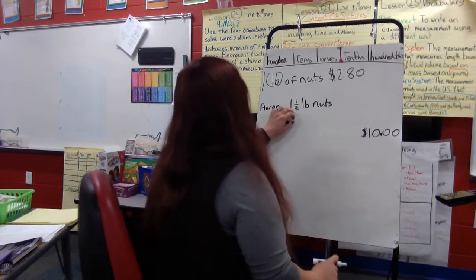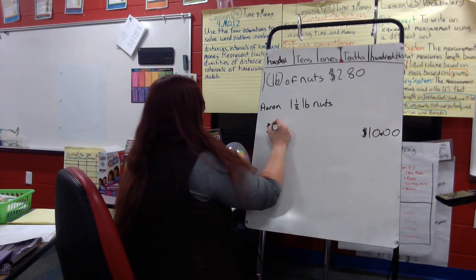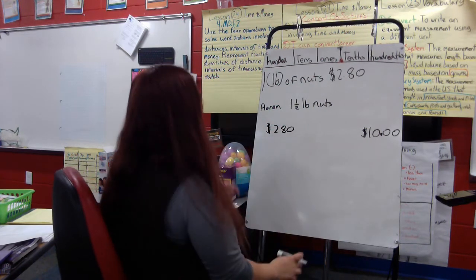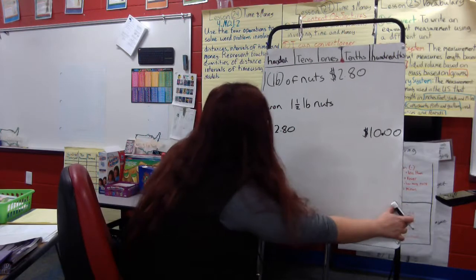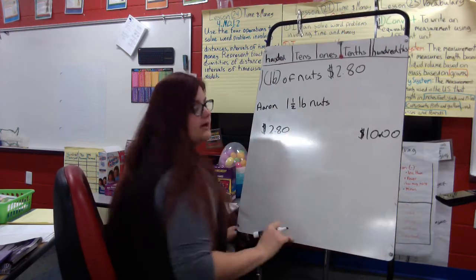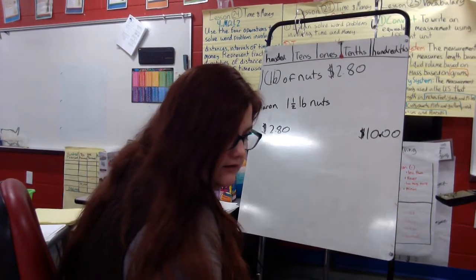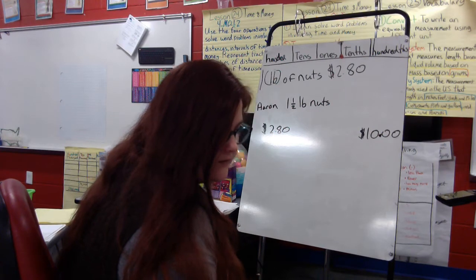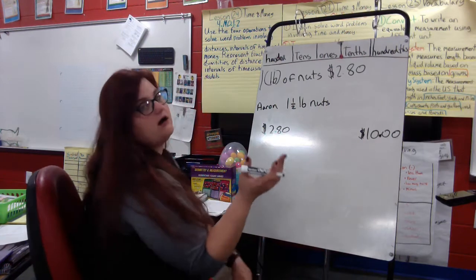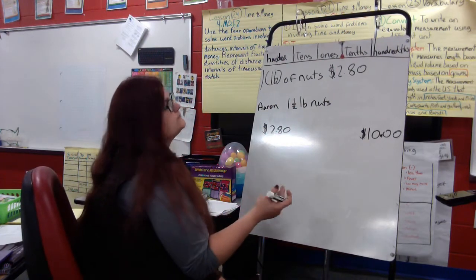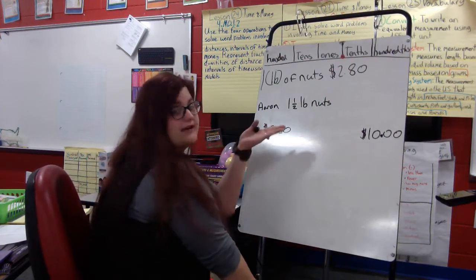Well, how much does 1.5 pounds of nuts cost? Well, we know that he spent at least $2.80 because that's how much a pound of nuts costs. But how do we figure out how much this half costs? Okay. Well, think back to when Miss Hotchkiss was teaching you about fractions and money and decimals. $2.80 is the same as saying I had 28 dimes, right?